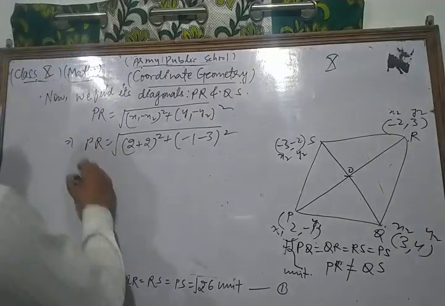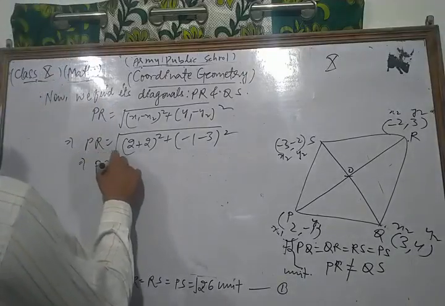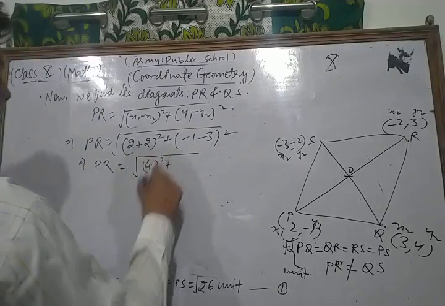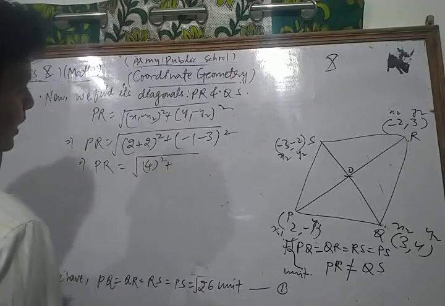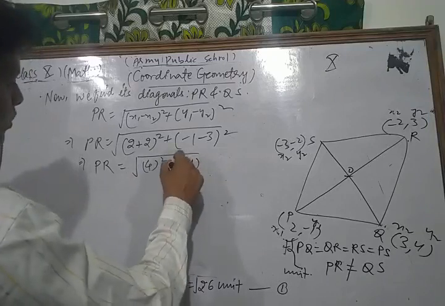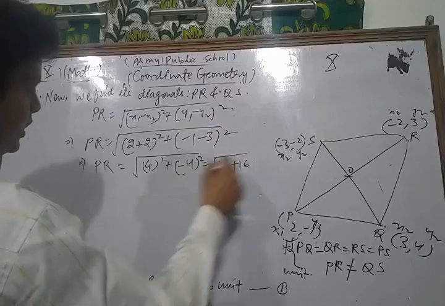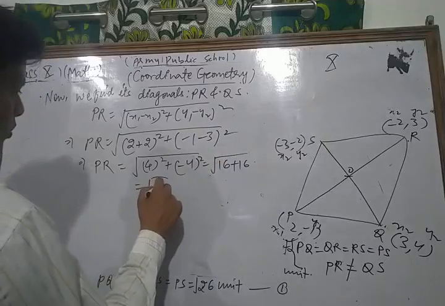Let's see. So we get PR is equal to the root of 4 whole square plus minus 1 minus 3, that is minus 4 whole square. So we get 16 plus 16, that is under root 32.